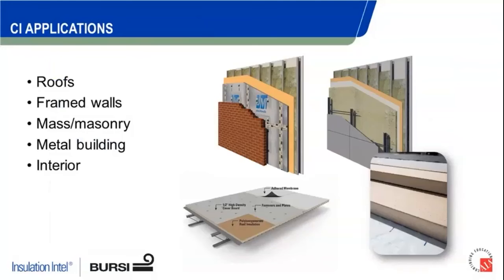So with that said, of course, CI applications, pretty much at this stage in the game, there's really no limitations as far as what type of veneer, what type of structural system. They function well in all types of systems, mass systems, of course, frame systems, even metal buildings. We see CI being done on the interior.